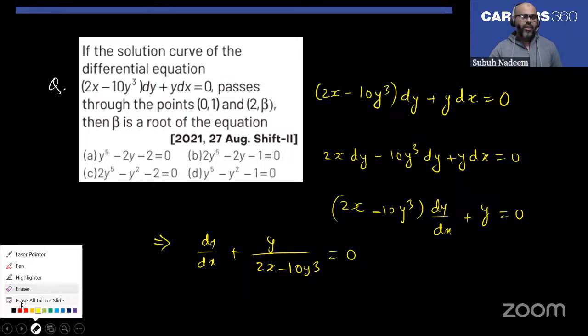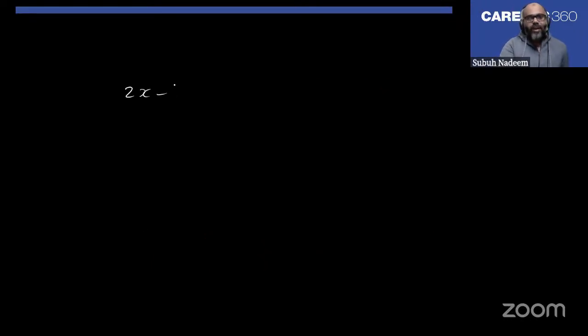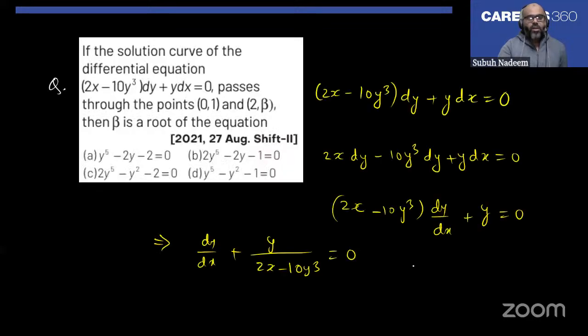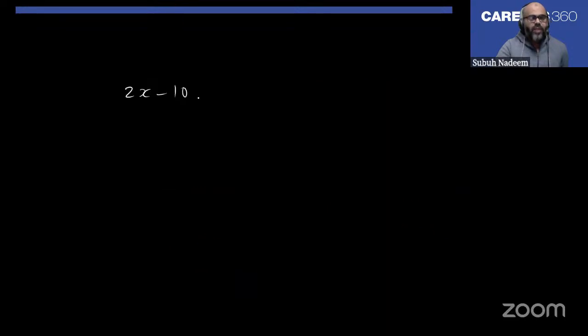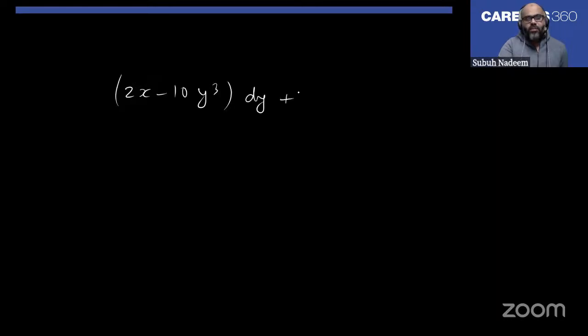So what we can keep in mind is that it is not necessary that it is only y with respect to x. It could be x with respect to y also. So we have (2x minus 10y cube) dy plus y dx is equal to 0.